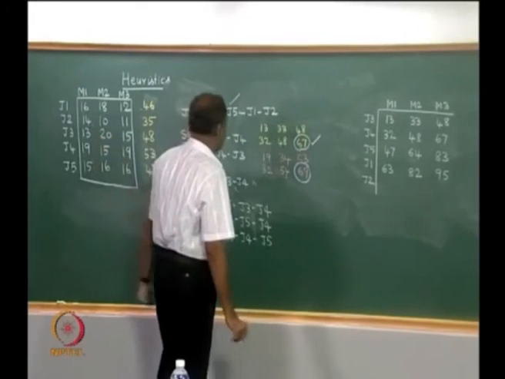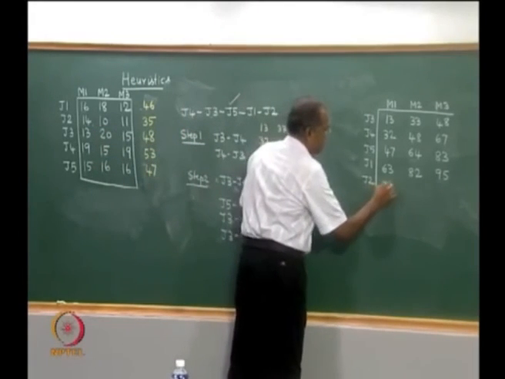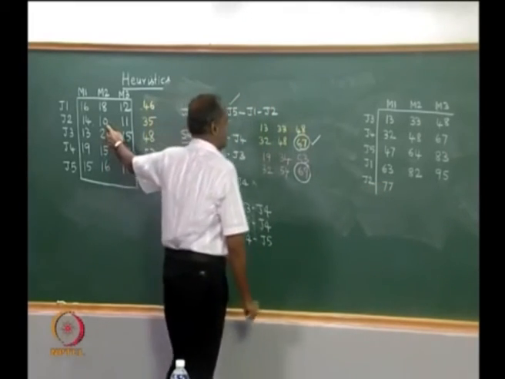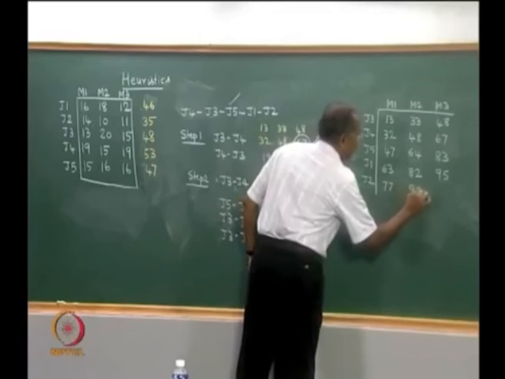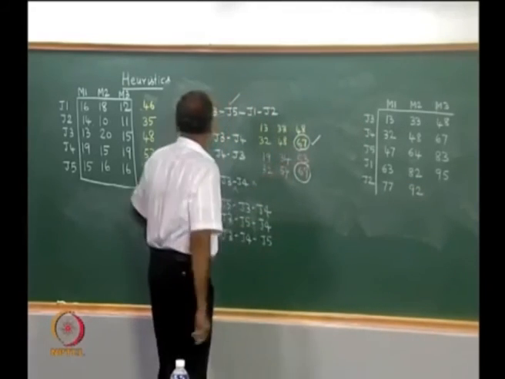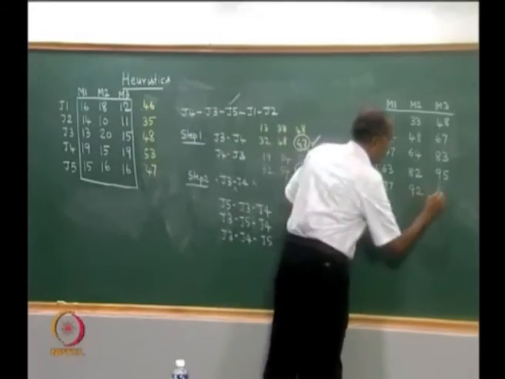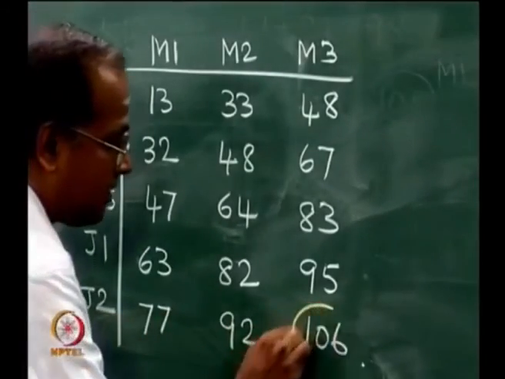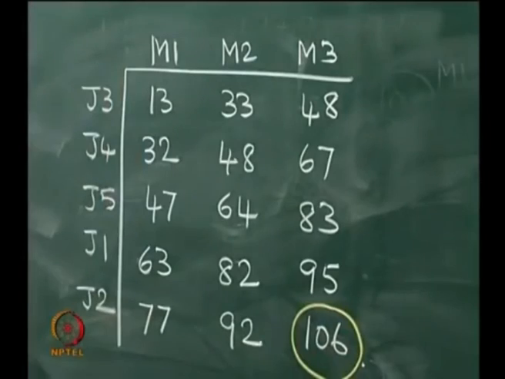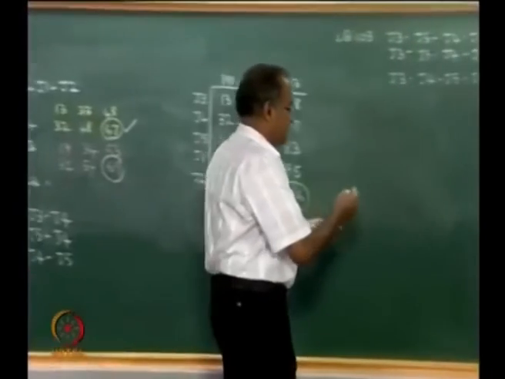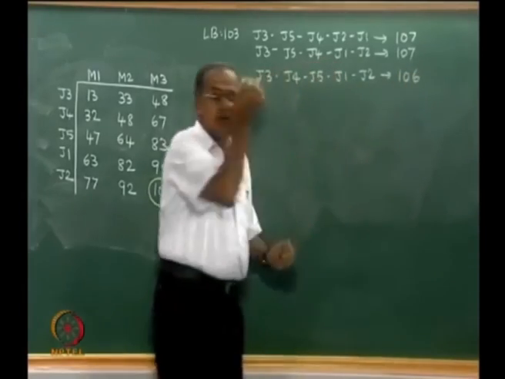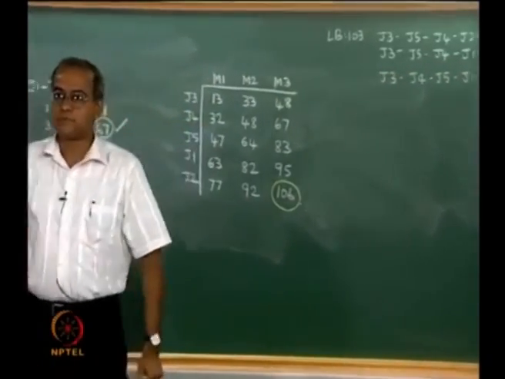J2 starts at 63, takes another 14, finishes at 77, waits till 82, takes another 10, 92, waits till 95, takes another 11 and finishes at 106. So the make span here is 106, which is better than the 107 that we got. So we have a make span of 106.